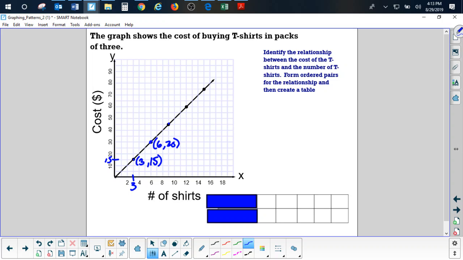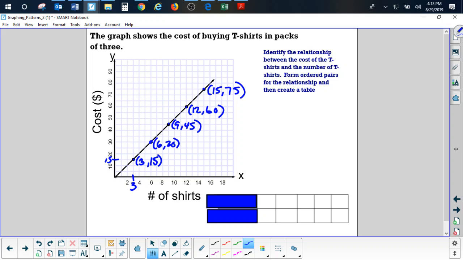My third point is at 9, 45. Next point is at 12, 60. And that last point at the top is at 15, 75. So I've identified all the points that I had on my graph.